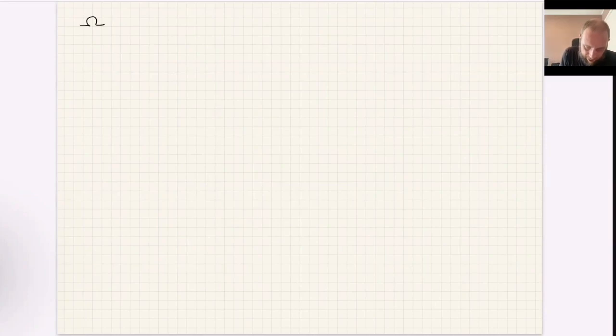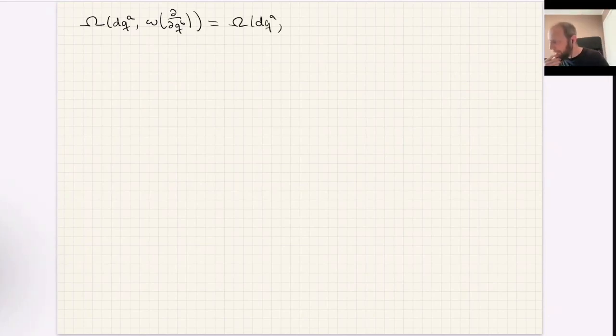So if I take the first argument to be dQA, and in the second argument I plug in omega of dQB, which is also a one form, then that is equal to omega of dQA, dPB, right?